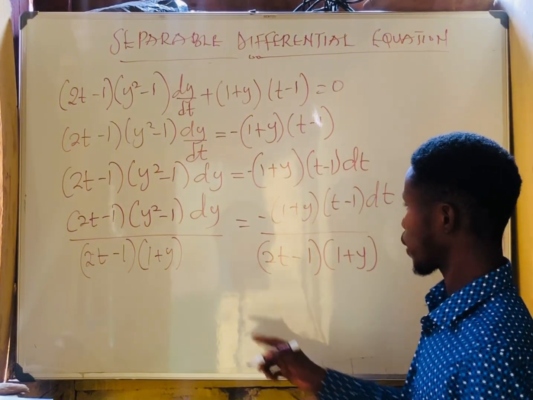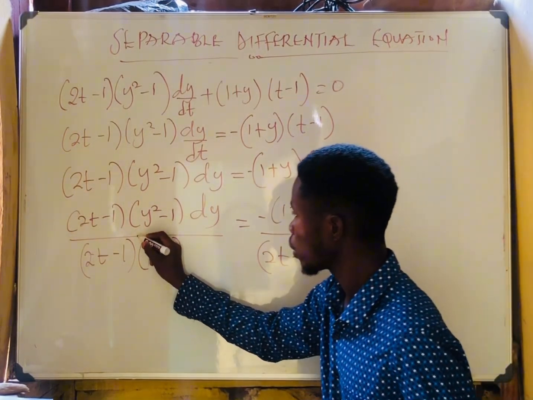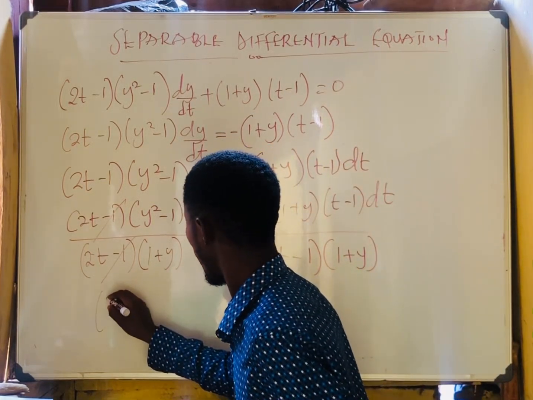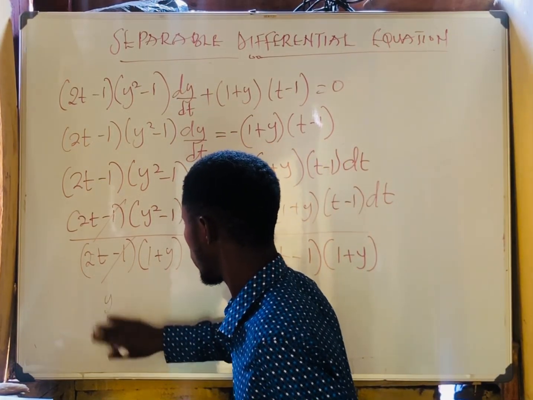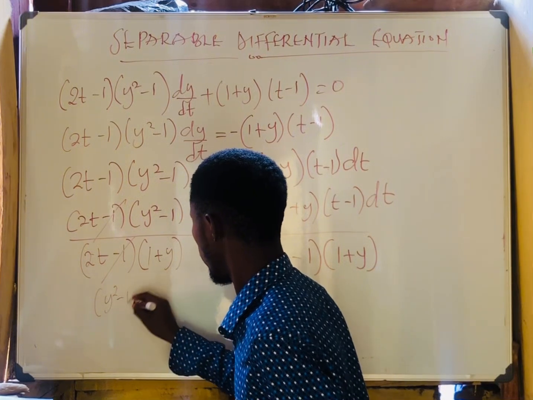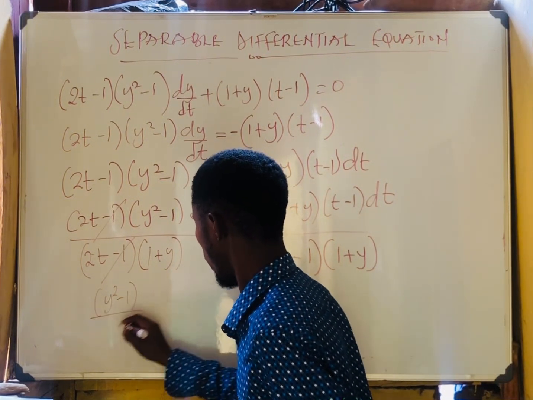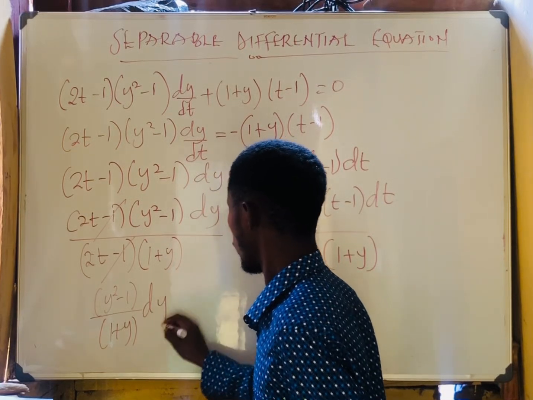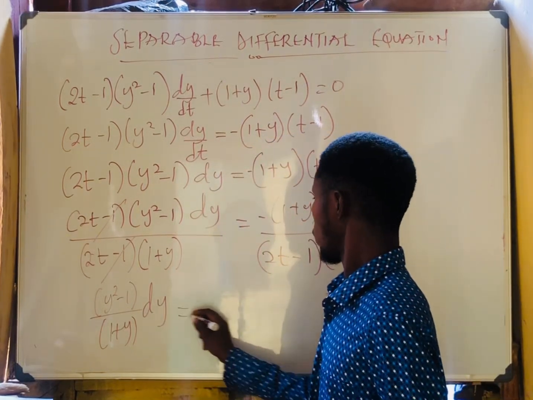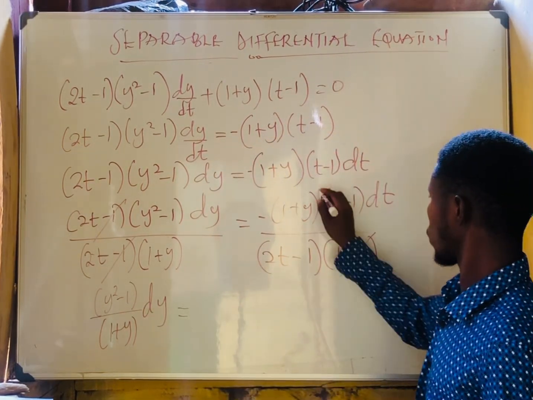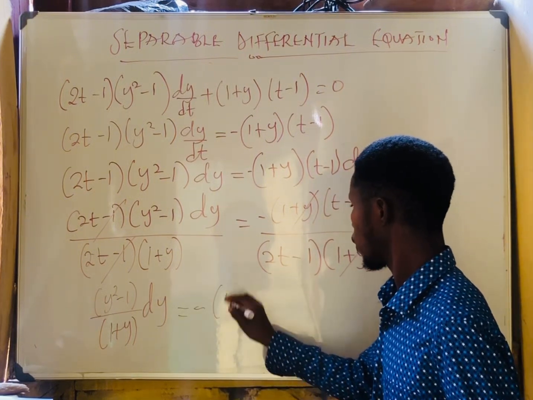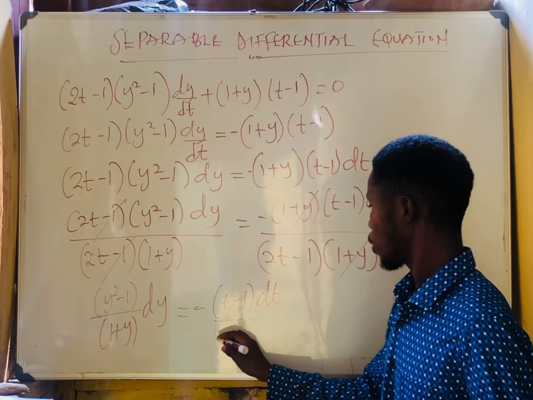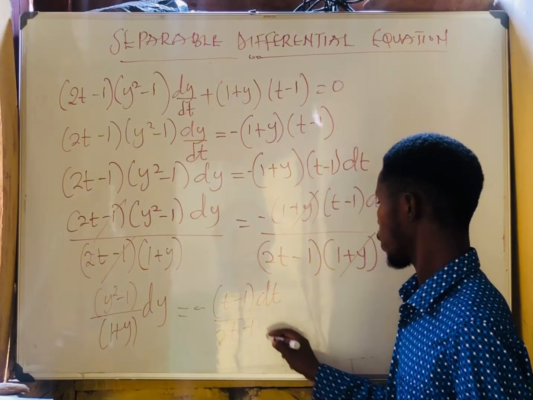So you realize that here this will go with this, so that we are going to have y squared minus 1 over 1 plus y dy equals, so this side will cancel this one, so that I have negative t minus 1 dt over 2t minus 1.